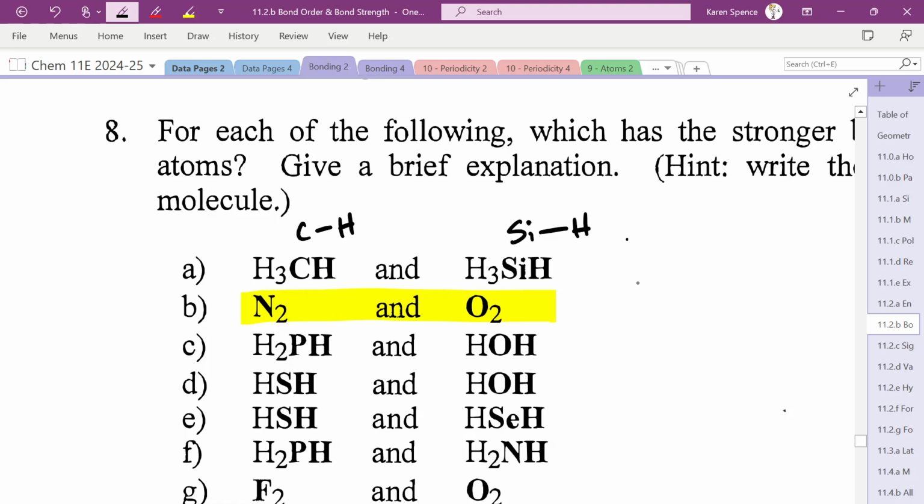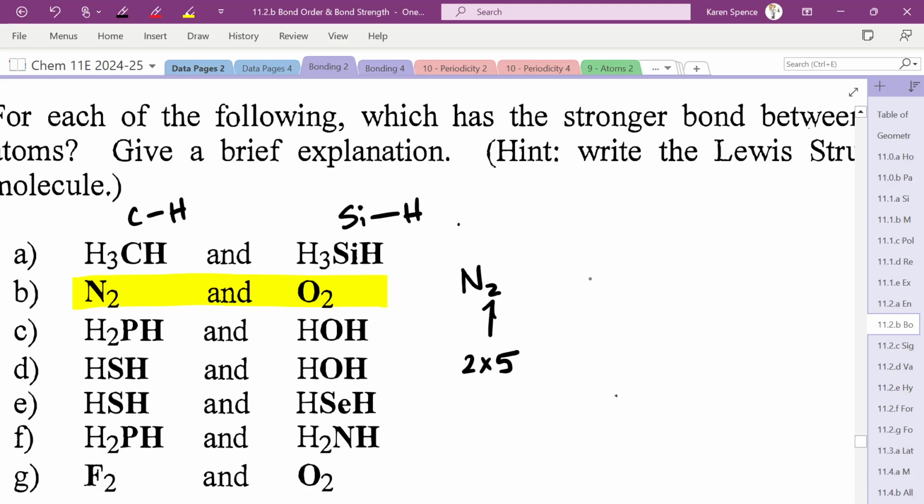But if you've got N2, we have 2 times 5. So I've got an N and an N, and I've got 10 electrons. But let's go 2, 4, 6, 8, 10, 12, 14. I gave everybody 8 electrons. How many electrons is that? 2, 4, 6, 8, 10, 12, 14.